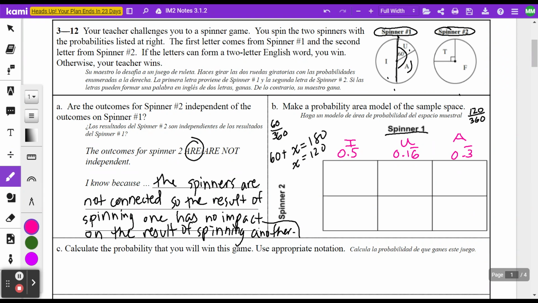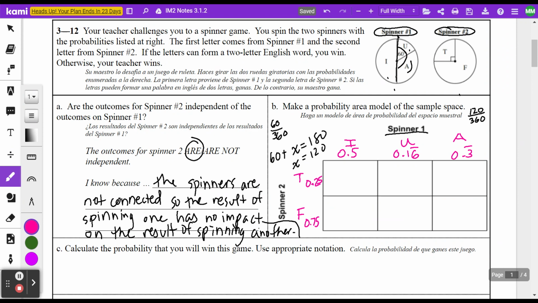Okay, now for spinner 2, I can roll a T or an F. T is 1/4 of that circle, so that's 0.25. F is 3/4 of that circle, so that's 0.75. Now we'll find the probabilities of the interior regions.